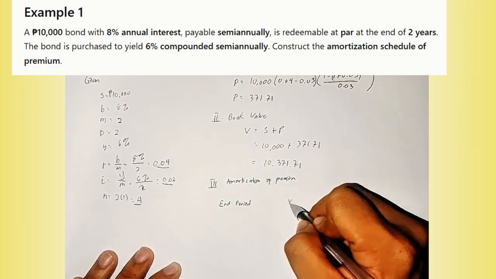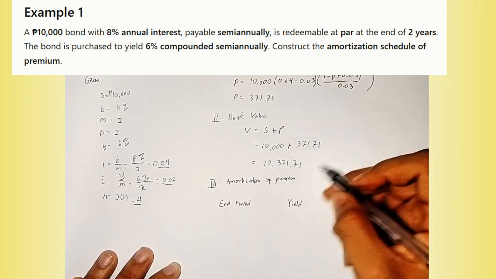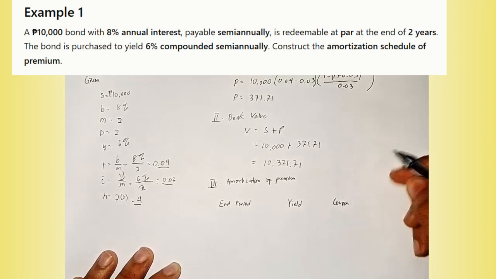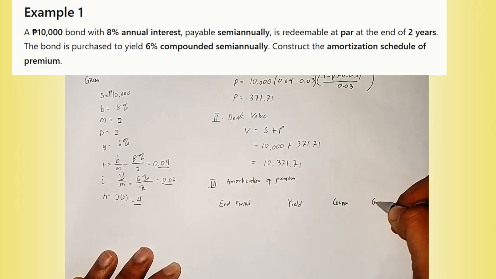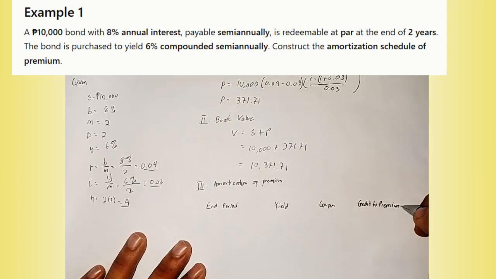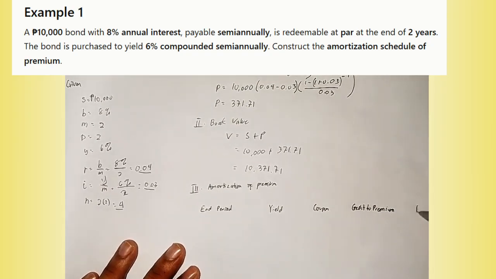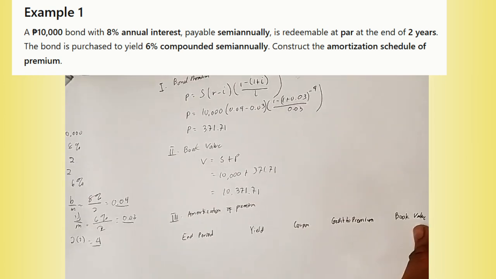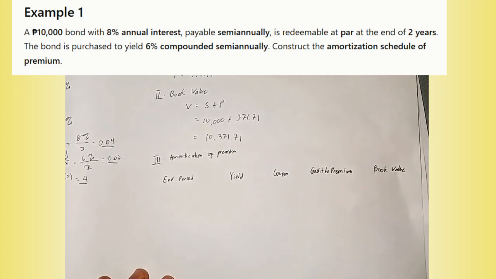We have yield, coupon, credit to premium, and book value. Let's focus on this table.